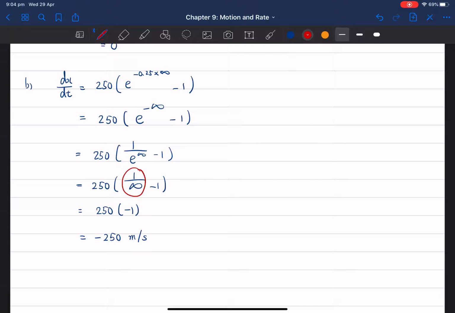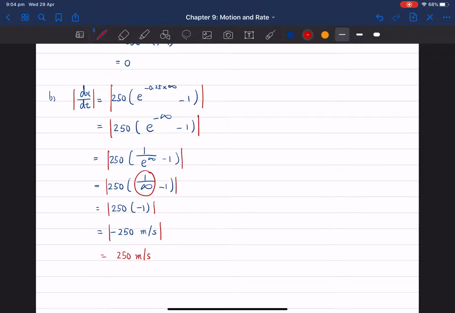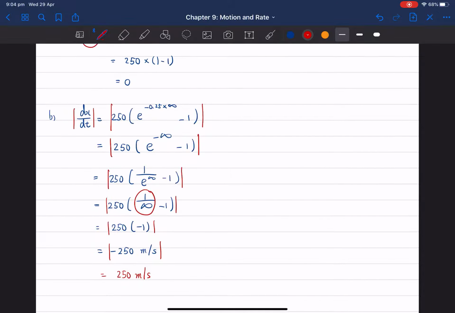So what we need to do now is just put absolute value around it, so you can turn everything positive, and even if you get a negative answer here, the speed is just equal to positive 250 meters per second. If you don't want to put absolute value, that's okay, as long as you justify your answer at the end by writing a sentence: the speed is equal to 250 meters per second. That's fine, totally okay. All right, so that's part B.